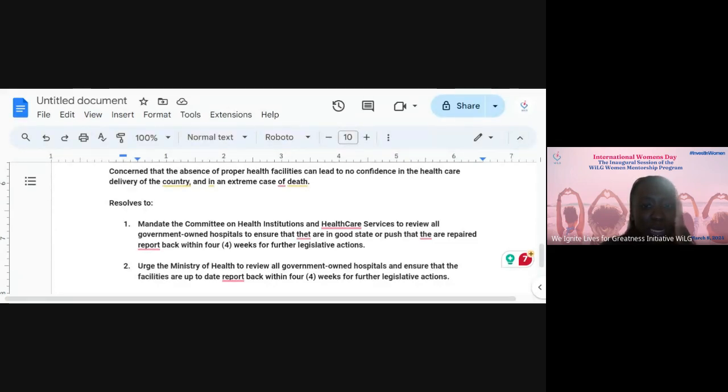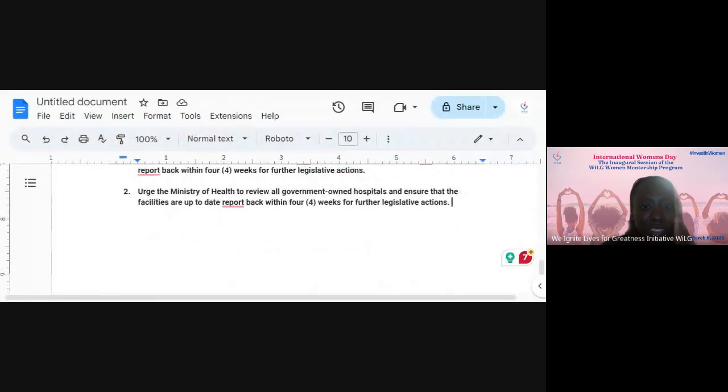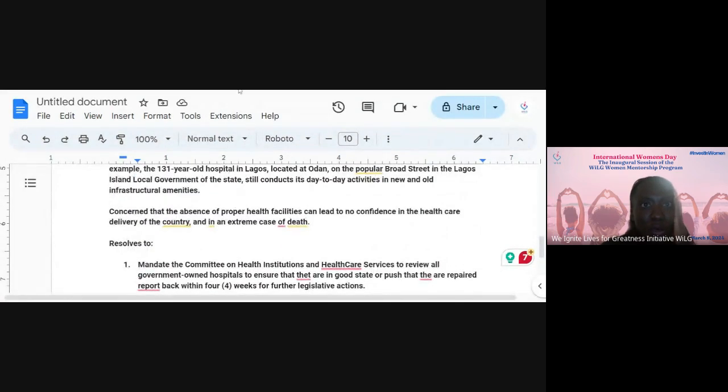So there's a report back mechanism, which I have added here in our motion. Most of the time, when that 4 weeks elapses, the committee would usually report back. They have administrative staff, and they'll put in a paper that this committee is reporting to the House what they found. So it might not necessarily be that they've solved the issue, but they will give a report in 4 weeks of what they've done.